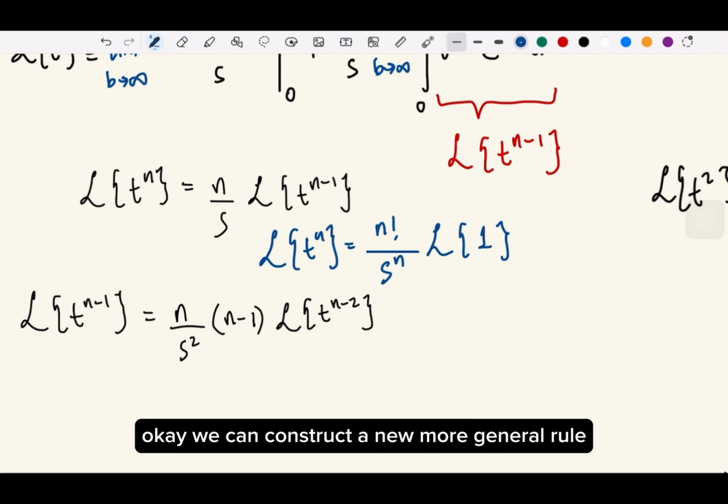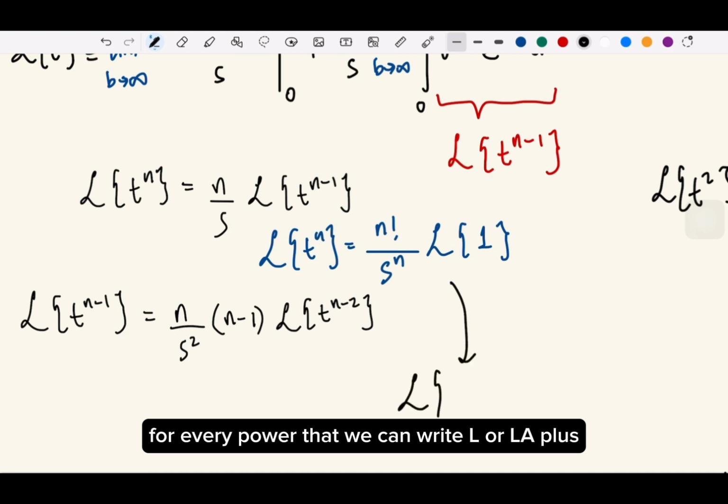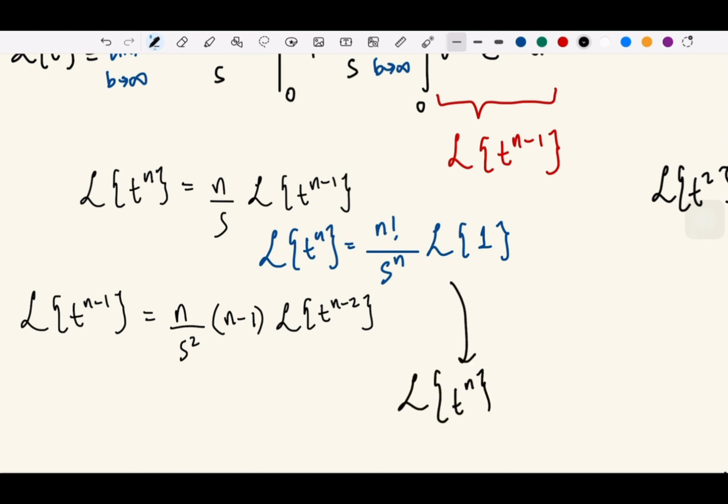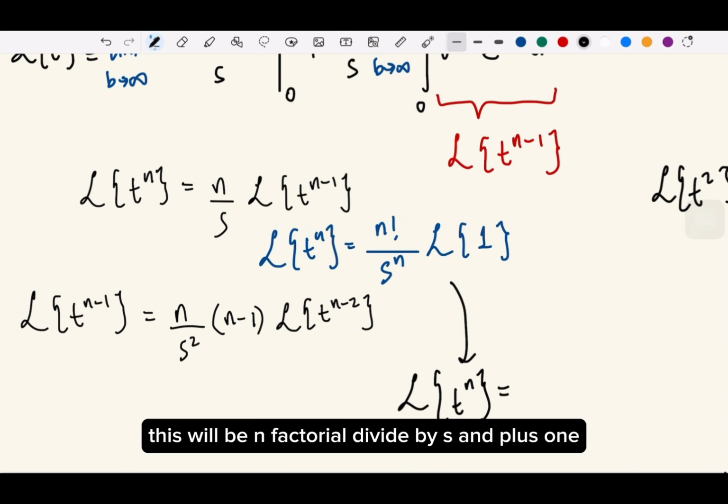So we can construct a new, more general rule for every power: Laplace of t^n will be n factorial divided by s^(n+1).